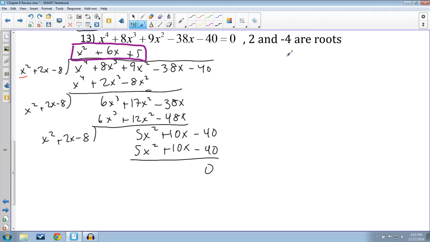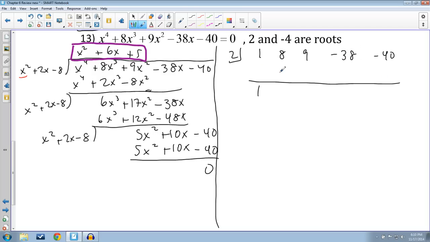Okay, if 2 and negative 4 are your roots, you're going to do synthetic division. Do one at a time. Let me separate this here. Let's do 2 first. Now, I have 1, 8, 9, negative 38, and negative 40. Okay? 1, 2, and if you're okay with me just kind of writing this, I'm not going to say everything I do.